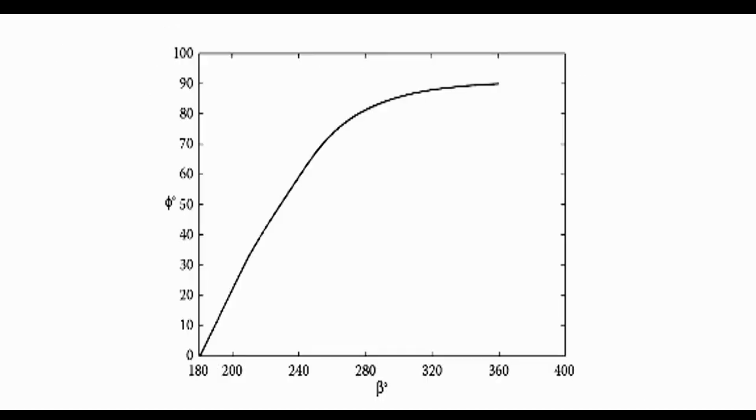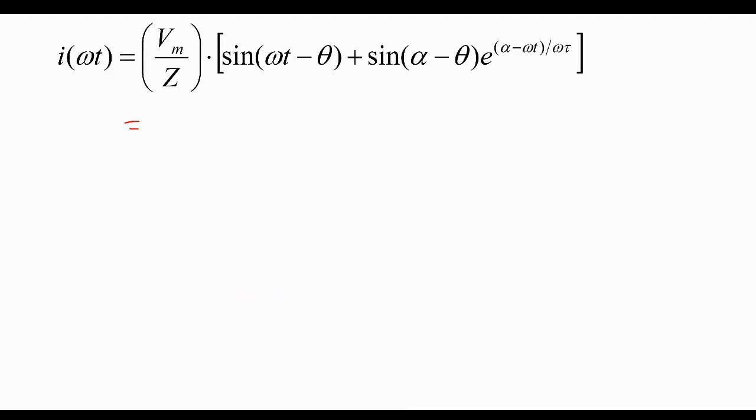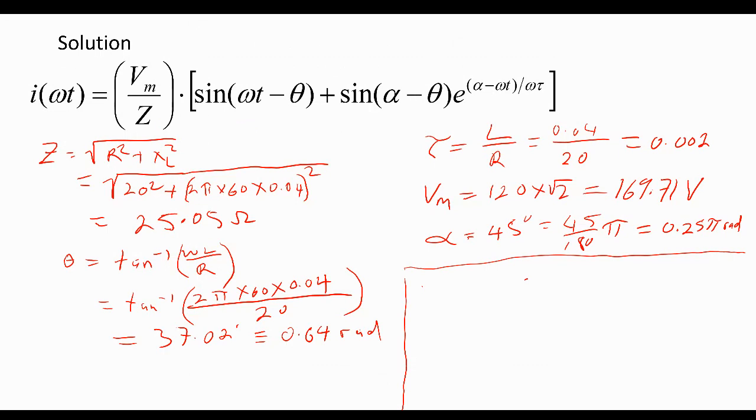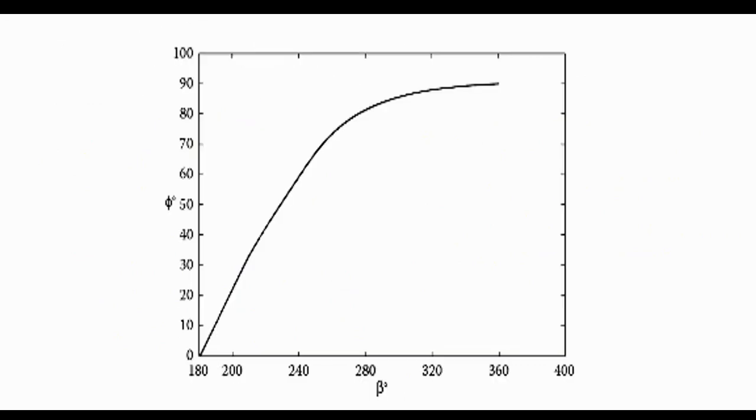All right. Our Vm, 169.71, over your Z here, your Z of 25.05, and this should be sine of omega t minus theta, and we worked out theta to be equal to 0.64.